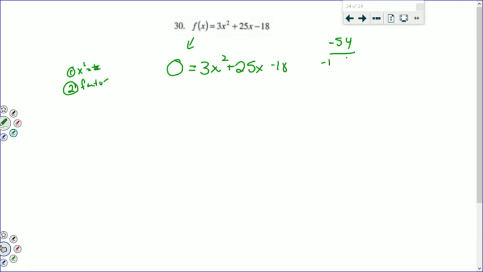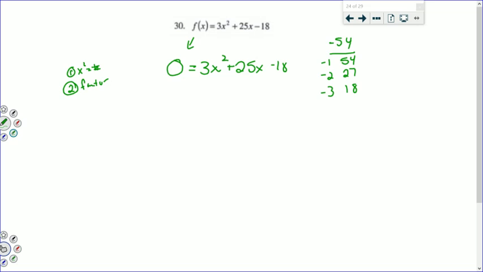Negative 1, positive 54, negative 2, and let's see, that's 27. Yep, 27. Let's see, does 3 work? 3 does. Negative 3, and that goes 1, and 3 and 18. Duh, I just multiplied those two together. Wow. All right, 3 and negative 18.